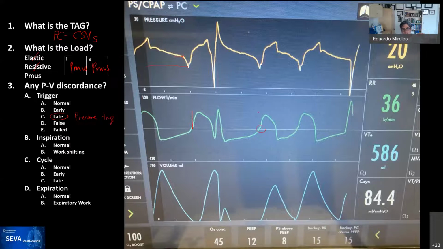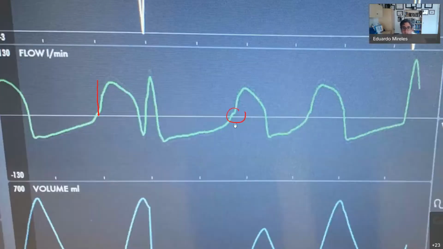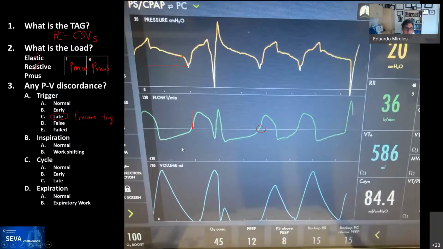Actually, you can see here, if I amplify this, look at that. You can see how the flow has crossed. It takes a while to cross, and then it pressurizes. So we're able to see it on this graph, but it took a fair amount of time, and that's why there's a delay, or late trigger, on this patient.